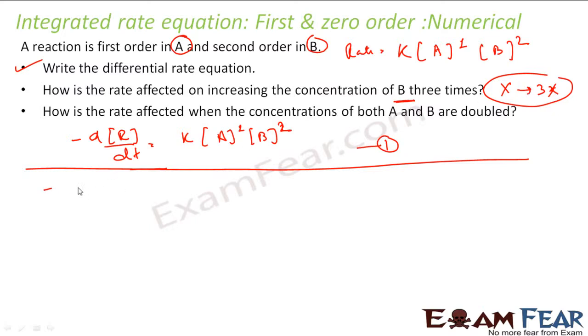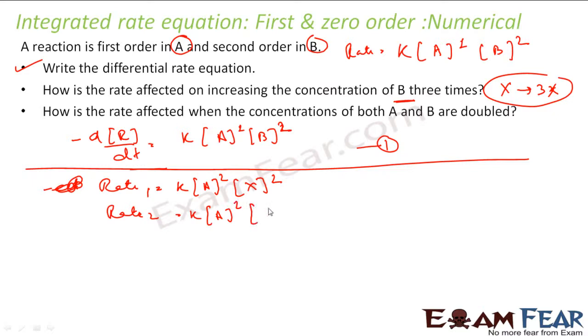When the concentration is x, my rate, rate 1, is nothing but k, concentration of A is a, and B is x squared. Rate 2, the second case, is nothing but k, A concentration is the same, and B becomes (3x) squared.